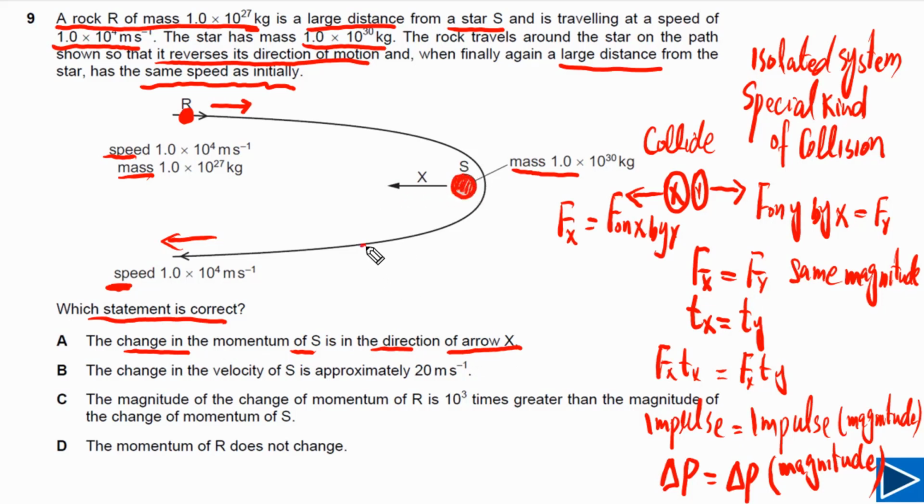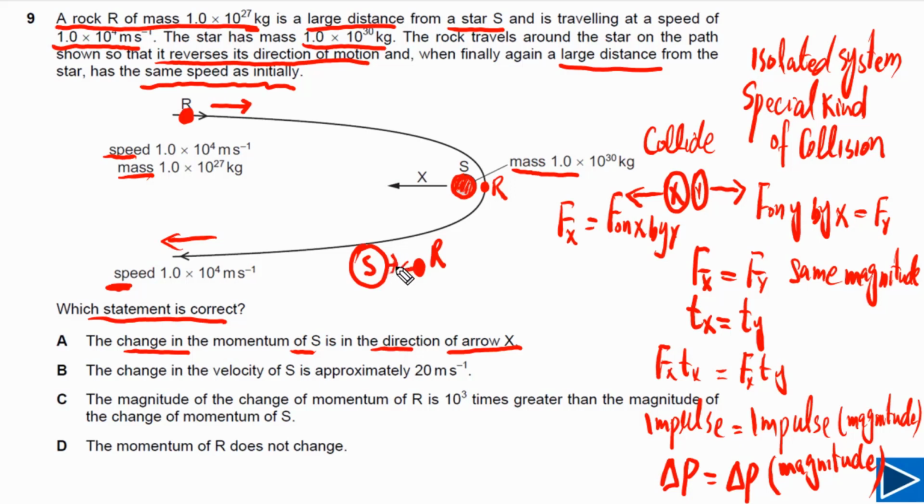So let me redraw here. So this one is over star. We can say this is S. At this point, the rock is at this point. So this is R. So the rock is at this point. Now between these two objects there is gravitational force, so the rock is pulled to the left and the star is pulled to the right.